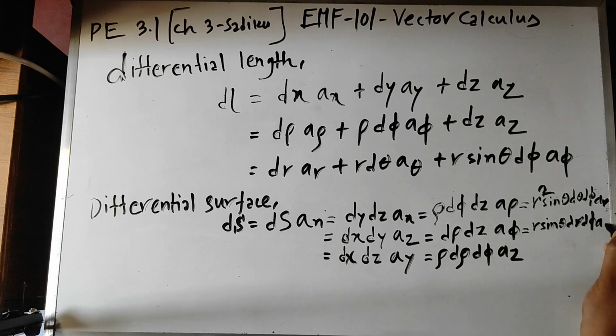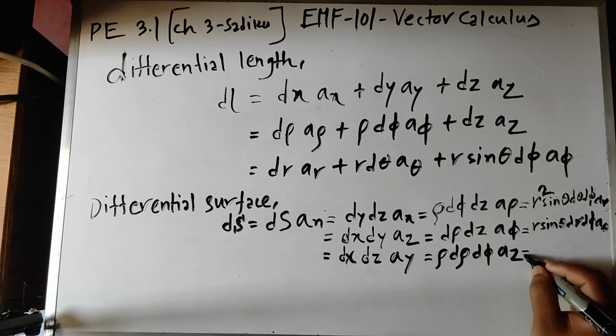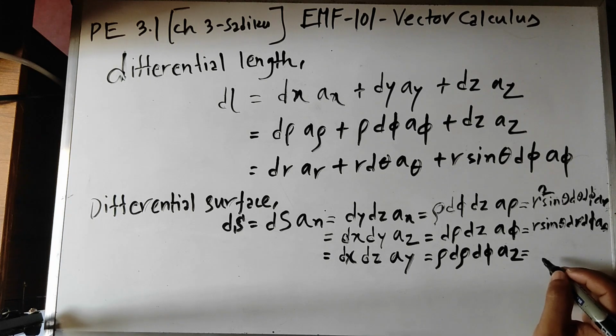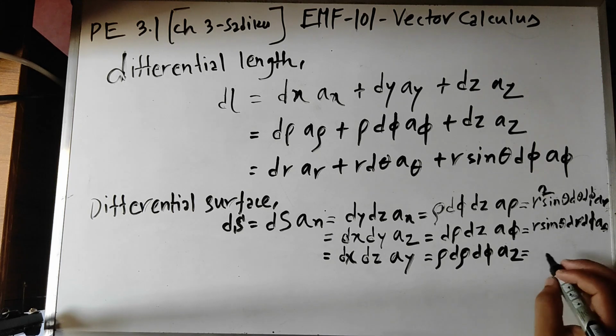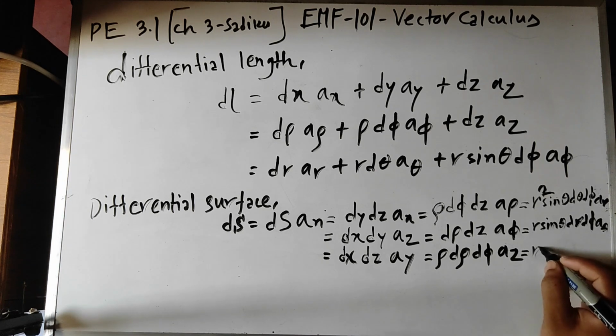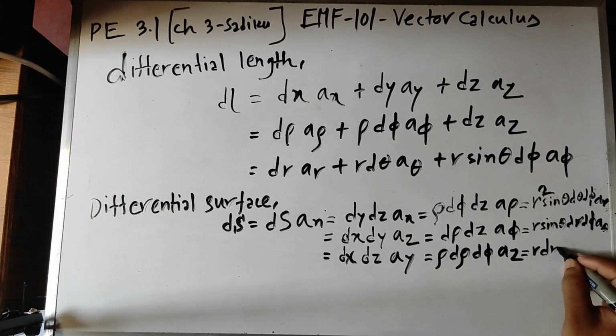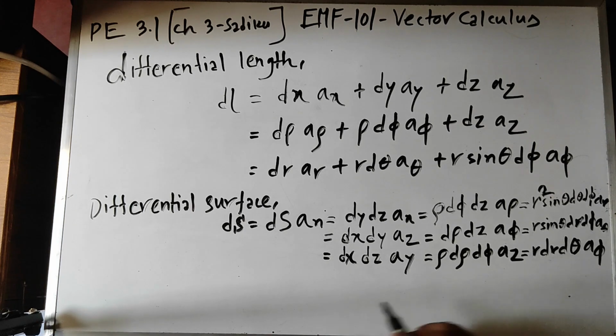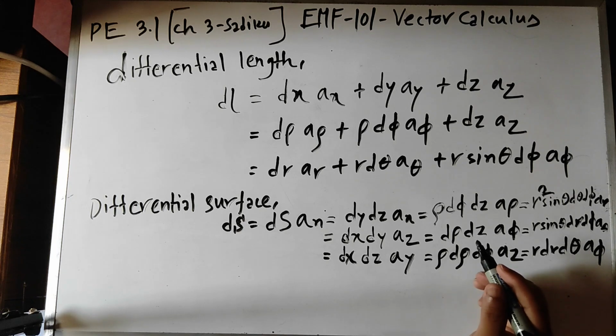In the direction a phi, it is r dr d theta in the direction a phi. So these are the differential surfaces in the corresponding orthogonal systems.